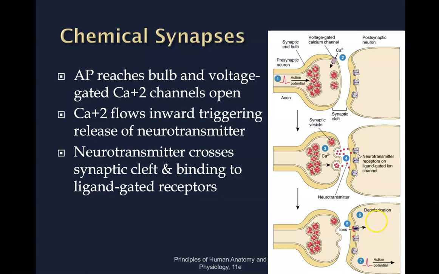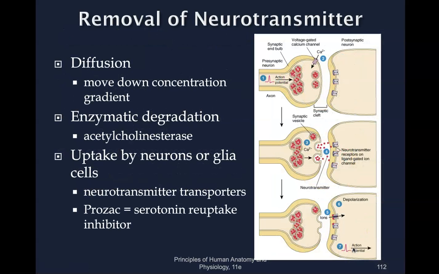Okay, and then ultimately, it can potentially lead to depolarization in that next neuron. But this is going to be causing that graded potential, right? Because here, your synapse is going to be between that synaptic end bulb and either a dendrite or the cell body. So you're either causing an excitatory or an inhibitory graded potential here.